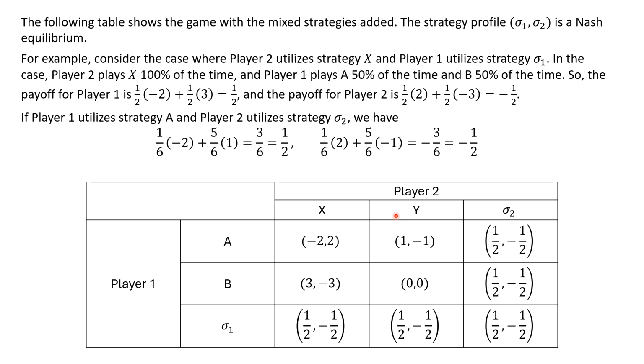Then for the payoff for player 2, it's 1/6 times 2 plus 5/6 times -1, so we get a -3/6 or -1/2. Then we can do that here. This is, again, I guess I'm doing them all now, at least verbally. So this is 3 times 1/6. We're just adding 0, so it's 1/2, and then -3 times 1/6, and we get -1/2 since we're adding 0 again.